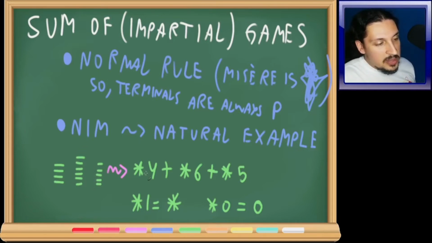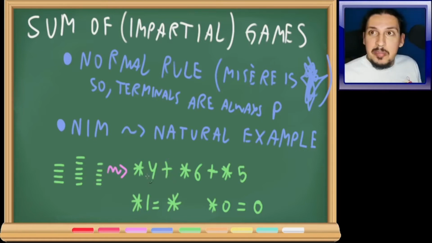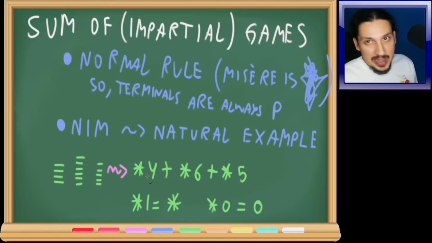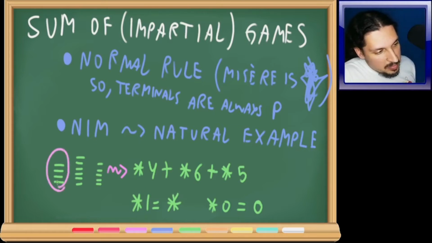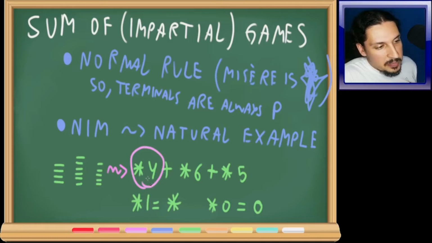As a notation, because it is a common notation in game theory, we use an asterisk to denote Nim positions. Like we explained before, summing games is like putting them all together and playing in any of them that you want. We showed it for 2 games, but it's the same for more. We will see it now. A heap of Nim of 4 stones is conventionally notated as star 4.